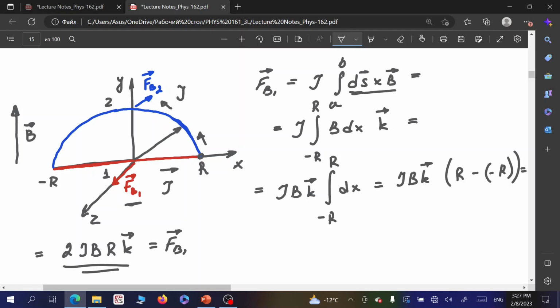So this will be some radius r at some angle theta. And if we consider some small segment ds vector here, this angle here will be d theta.